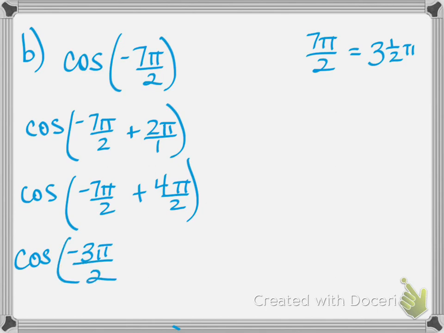Now you have choices. There's at least 3 ways you can do this. One way is I can add 2 pi to this again. So I can add another 4 pi over 2.